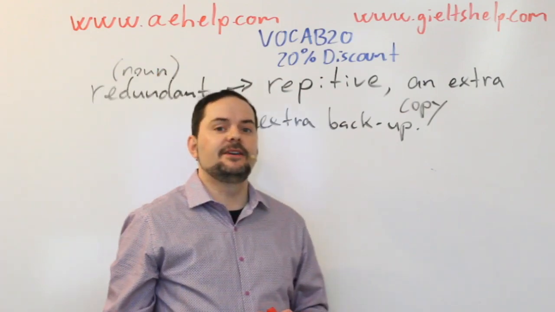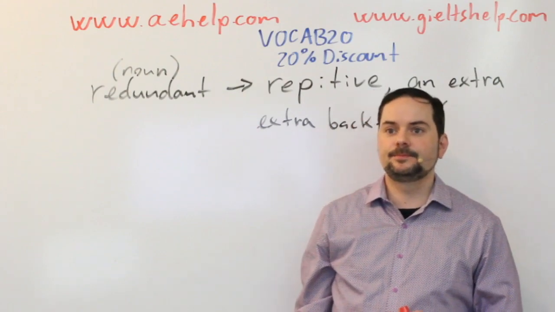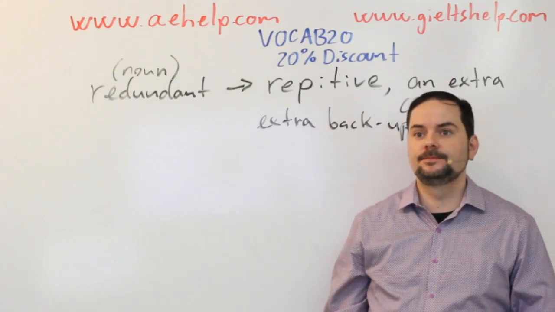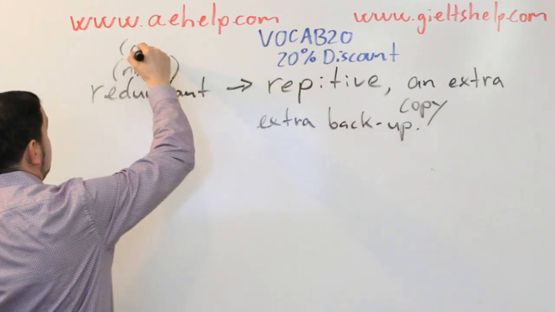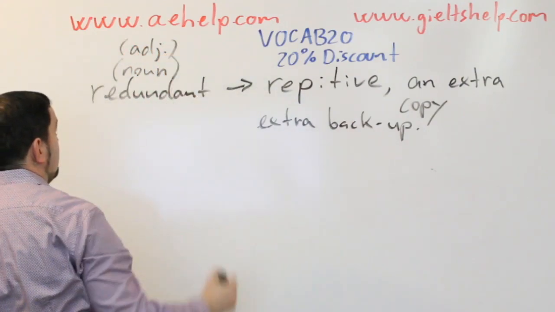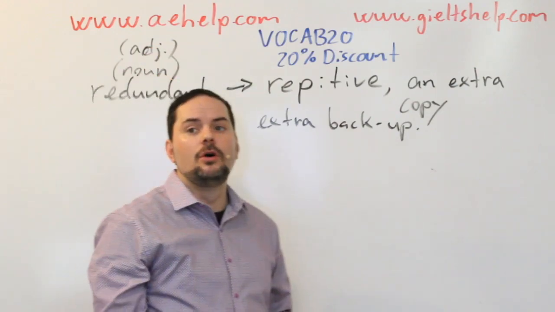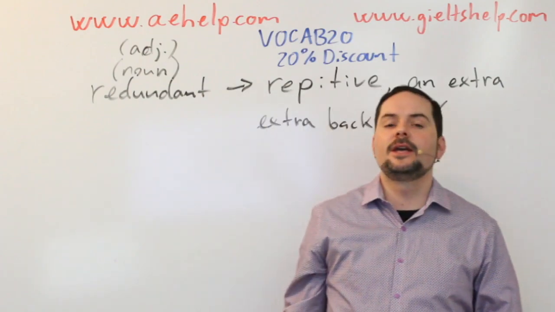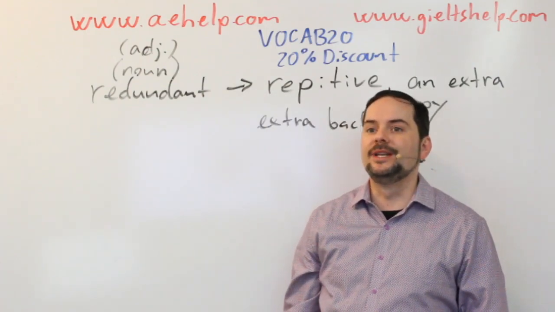Okay, can somebody give me an example sentence with the word redundant? And it can be used as an adjective as well. So guys and girls who are saying adjective, yeah, it can be used both as a noun and as an adjective. So can somebody give me a sentence with the word redundant?